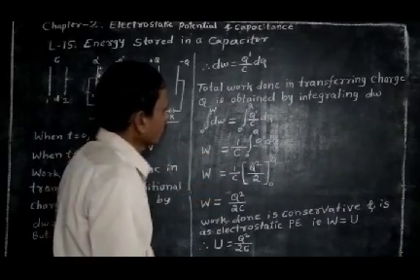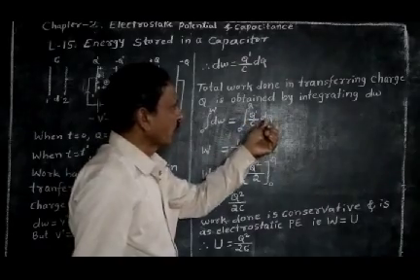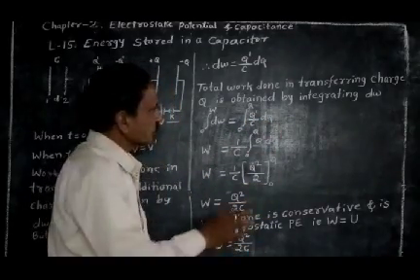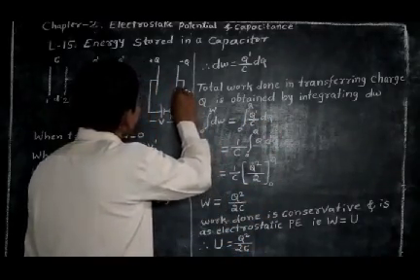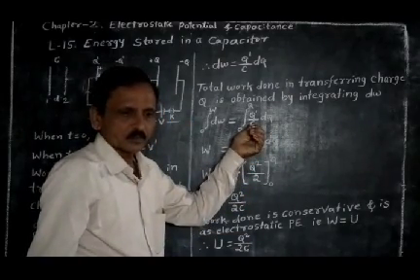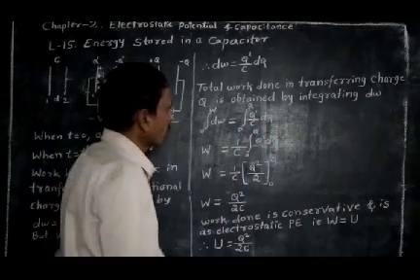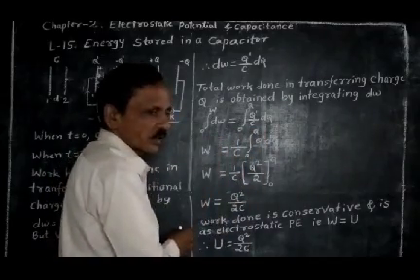That is equal to, here q dash and dq are variables and C is constant, that is the capacitance of the capacitor. Therefore, C is taken outside.